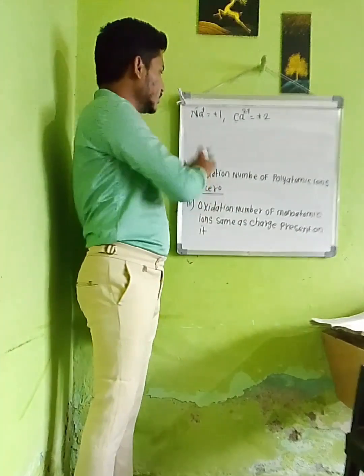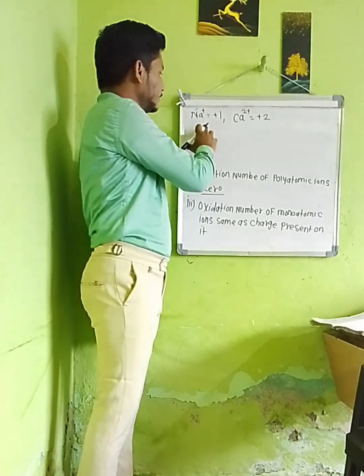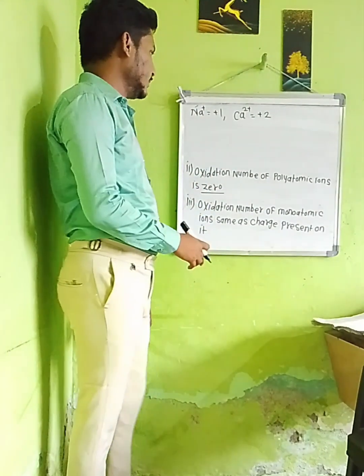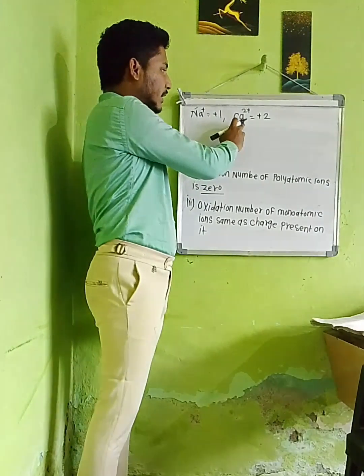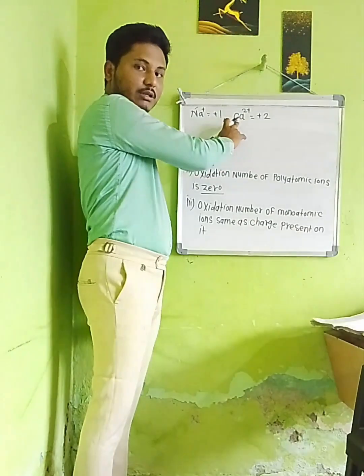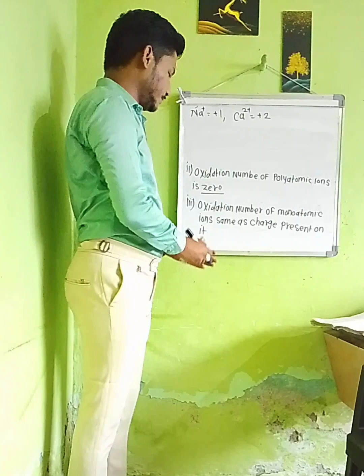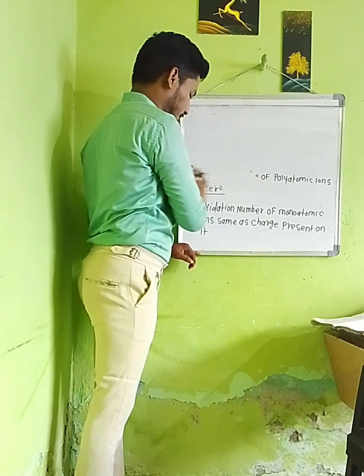For example, sodium Na+ has oxidation number +1. Calcium, having a +2 charge, has oxidation number +2. Sodium, having a +1 charge, so the monatomic ion of sodium has oxidation number +1. Monatomic ions of calcium have oxidation number +2. This is the third rule.